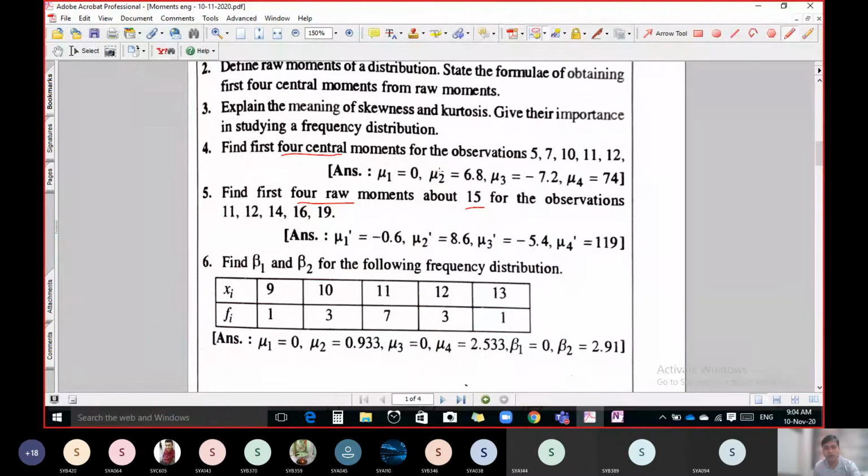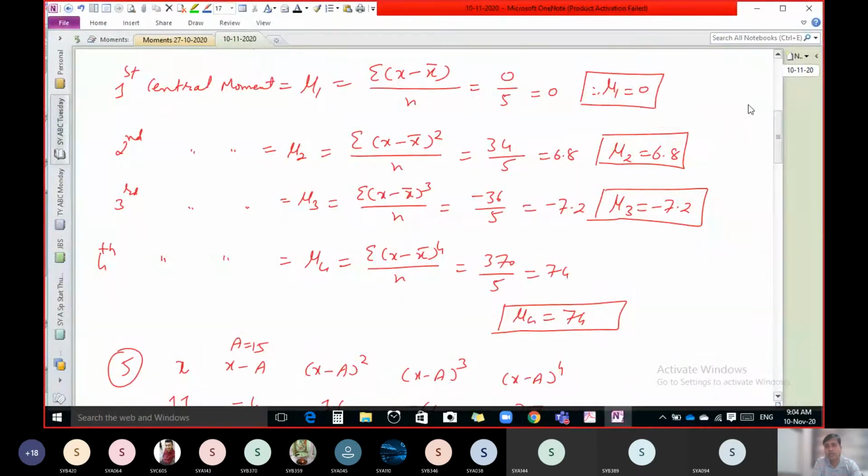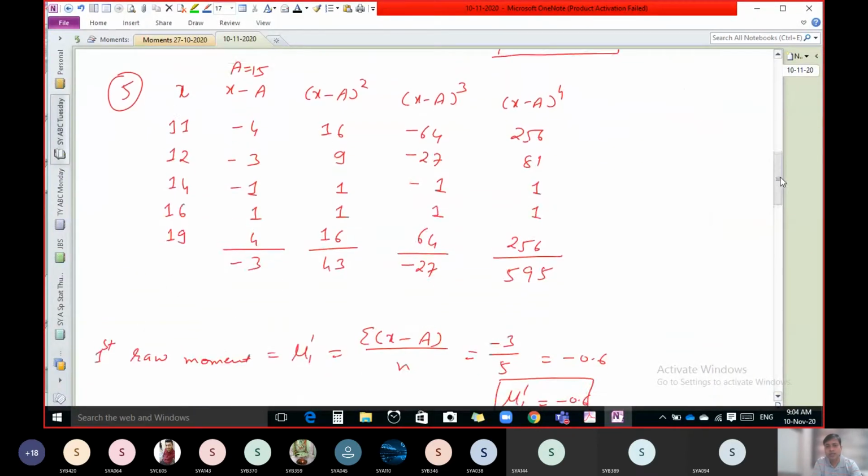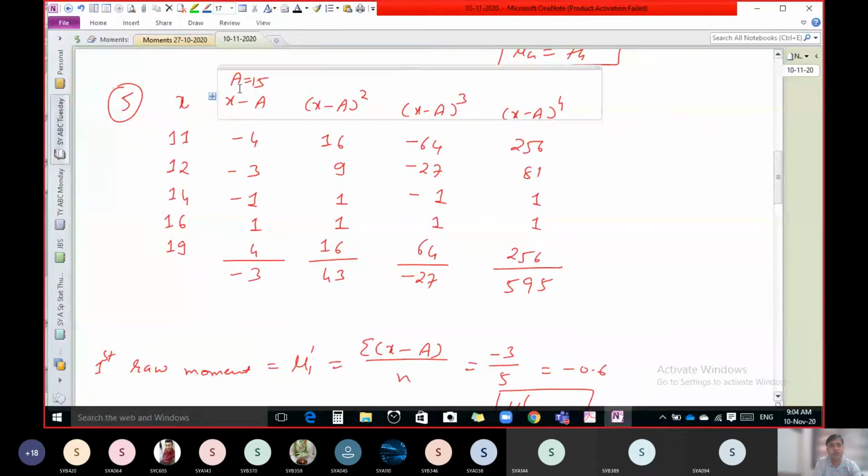This 15 you have to consider as the assumed mean. So the same thing you have to do, but instead of x bar you subtract 15. 11 minus 15 is minus 4, 12 minus 15 is minus 3, 14 minus 15 is minus 1, 16 minus 15 is 1 and 19 minus 15 is 4. Addition of that is minus 3.